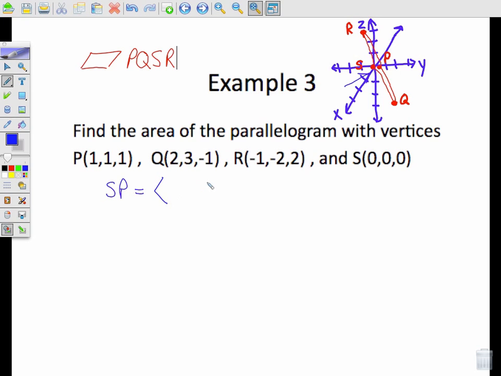Okay, so vector SP would be the vector 1, 1, 1. And then I'm going to find the vector from S to Q. And that vector is 2, 3, negative 1.